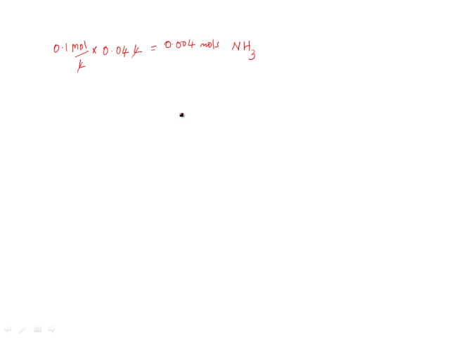Now, what is the reaction? NH3 is titrated with H+. What are we getting? NH4+, the ammonium ion, right? So again a 1:1 mole ratio. If you have this many moles of NH3 titrated with H+, the number of moles of NH4+ formed will also be exactly the same. So we will have 0.004 moles of NH4+ formed.